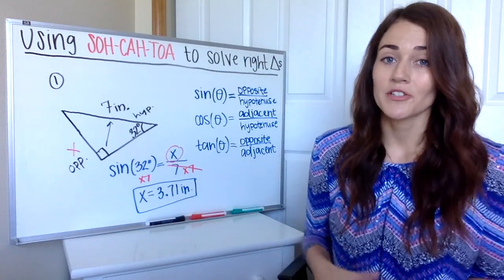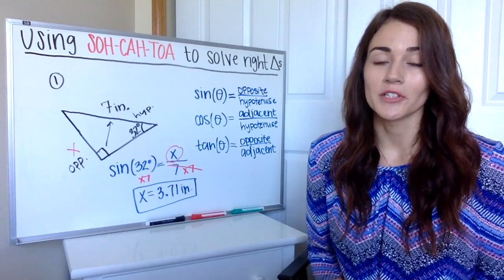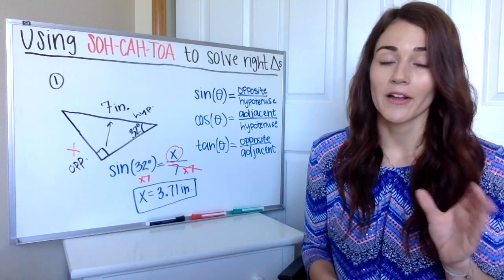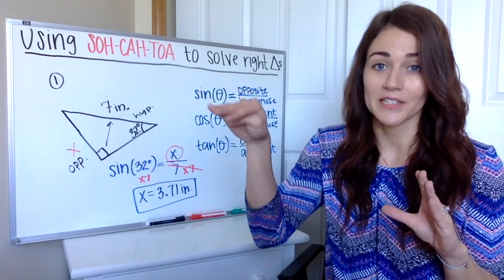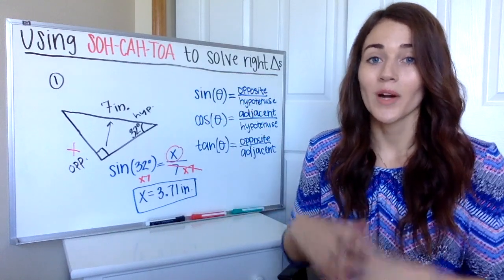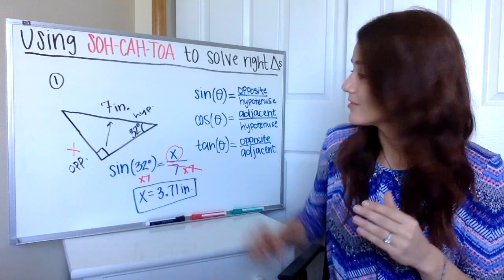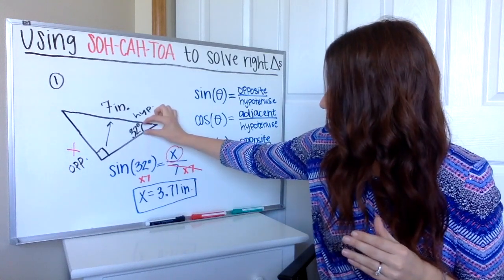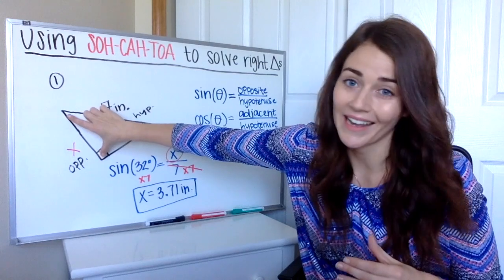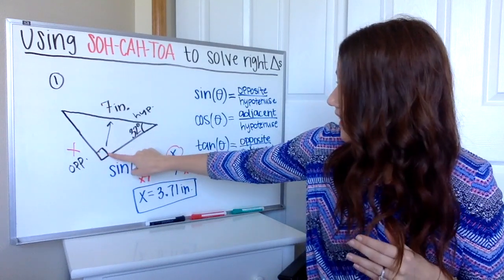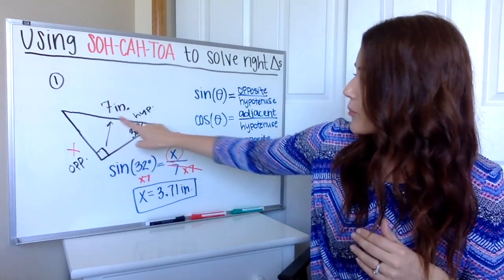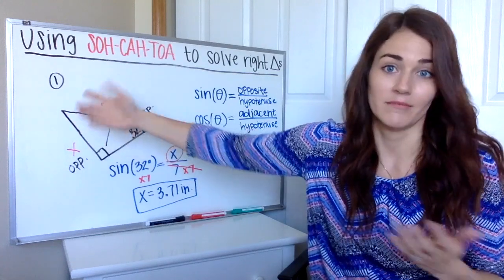But another great strategy is using the knowledge that your angle is connected to the side it's across from. So what I mean by that is your smallest angle is going to be across from your smallest side, right? Your biggest angle is going to be across from your biggest side, right? That makes sense, right?